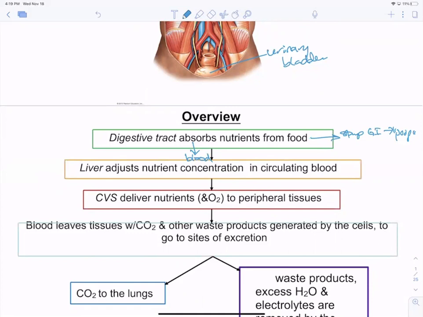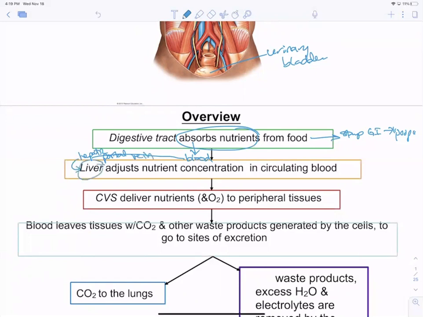But these nutrients are getting absorbed into the blood, and the blood, as you remember, is going into the mesenteric veins, and those mesenteric veins merge into the hepatic portal vein, and the hepatic portal vein then goes through the liver.